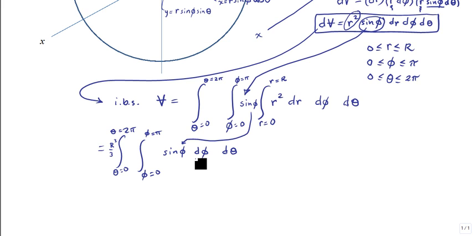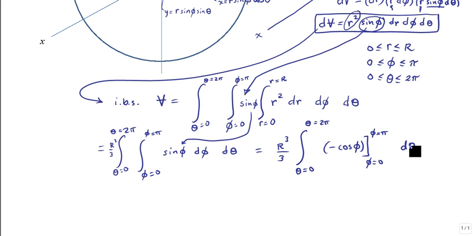The integral of sine phi d phi is nothing other than minus cos of phi, so we get R cubed over 3 times the integral, theta from 0 to 2 pi, of minus cos of phi as phi runs between 0 and pi. Then we will lastly do the integral with respect to theta.